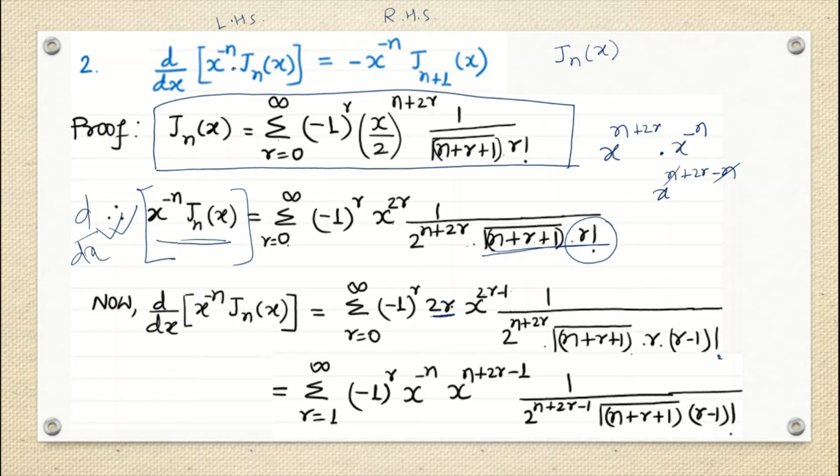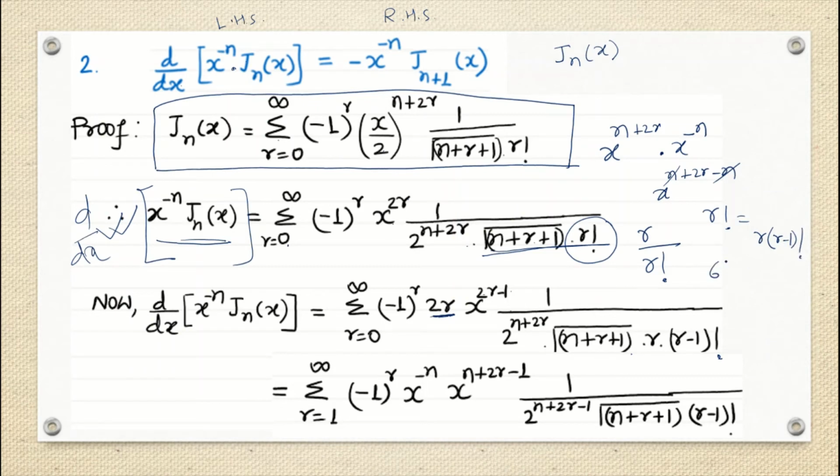I want to cancel it out. The denominator is factorial r, and we know that factorial r is nothing but r into factorial r minus 1, correct?